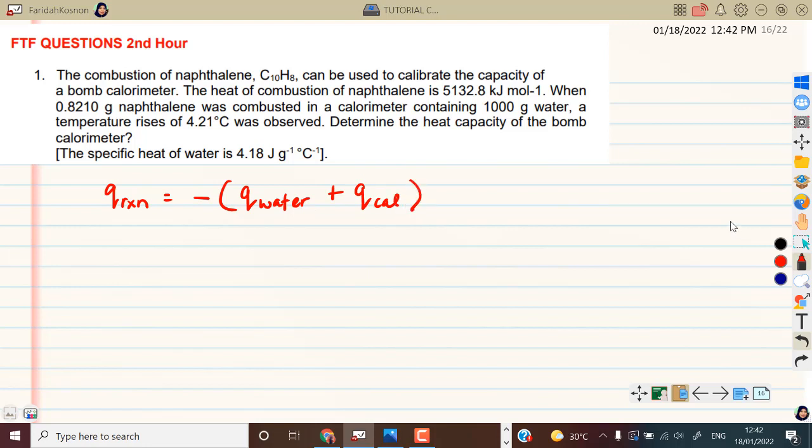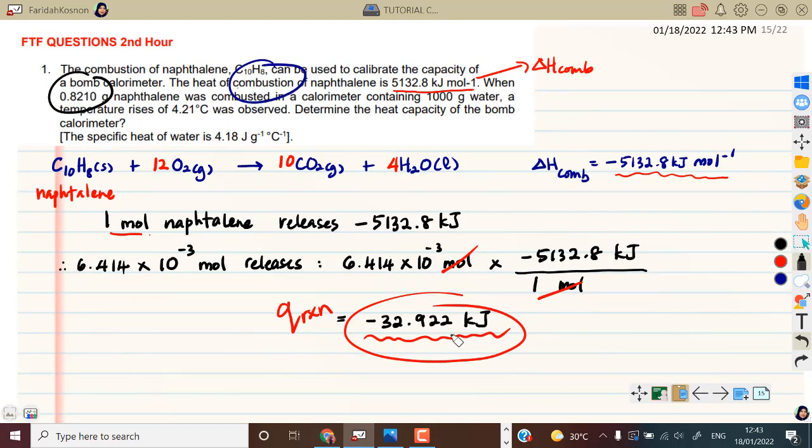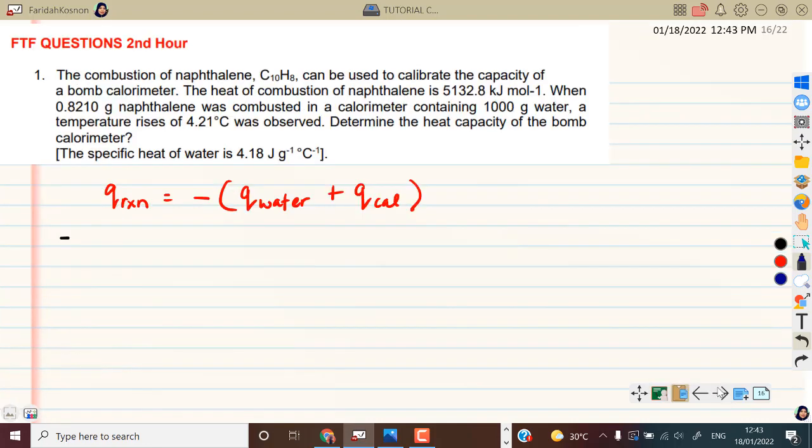What do we have here? Negative 32.922 kilojoule, which we calculated earlier. You have to convert this to joule first, because the specific heat capacity has the unit joule. So, convert to joule: negative 32922 joule equals negative.